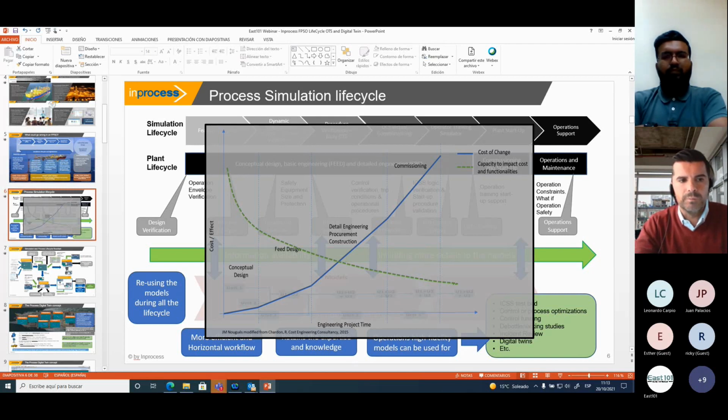This integrated model will compile all the information regarding process. When I say process, it is all the thermodynamic packages that are available in software like HYSYS, like UniSim, like Symmetry, for instance, that has thermodynamics for all the oil and gas processes.